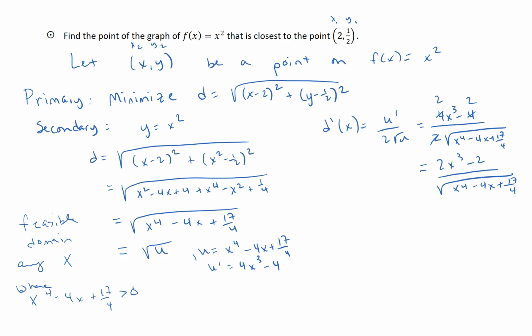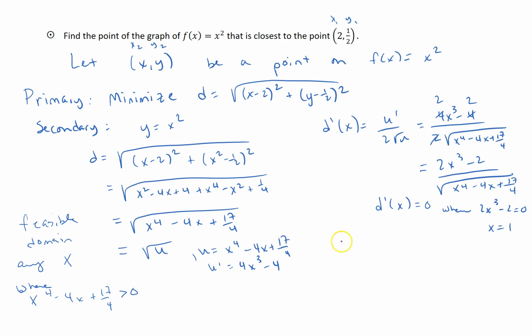So you've got to think about that, because if it was equal to 0, it would be the same point, so that wouldn't really count. So it's got to be greater than 0. So the only point that makes the derivative not exist is actually not in the feasible domain. So we're only concerned about where it's equal to 0, and that's when 2x cubed minus 2 equals 0, or if you do the work, you get that that's when x is equal to 1.